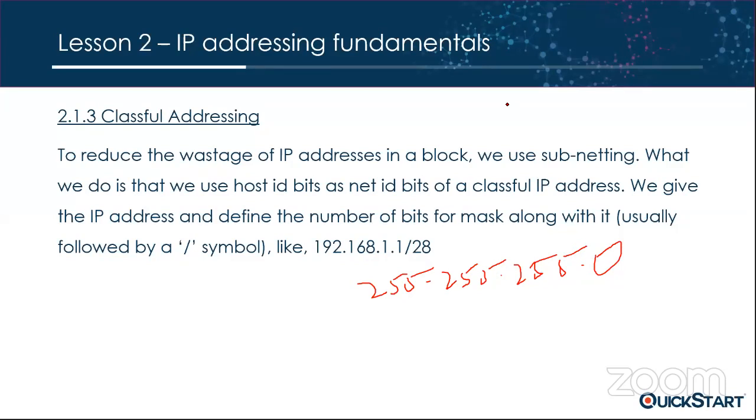All right. So yeah, not zero, I'm really sorry. So this 28 refers to 240. That is why we are using this, because we don't want to waste the IP addresses.